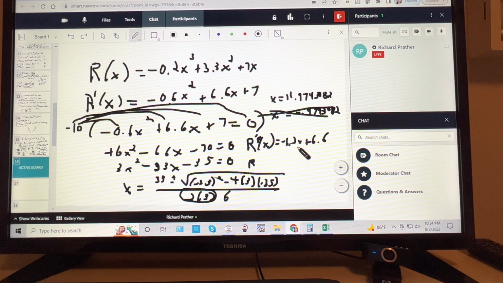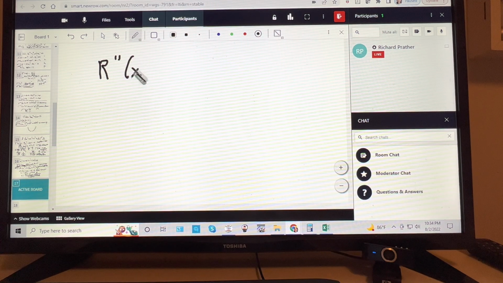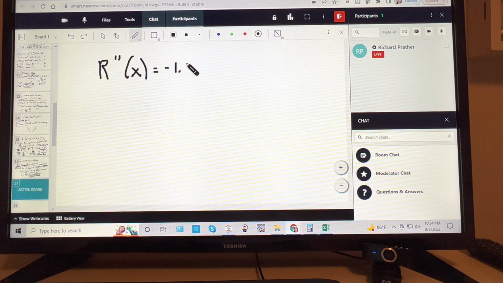Now what we do for that is we're looking for an inflection point. An inflection point is a possible point of diminishing returns. So after I got my first derivative, I didn't even need the critical number so much. We could have gone right to the second derivative and gotten negative 1.2x plus 6.6.